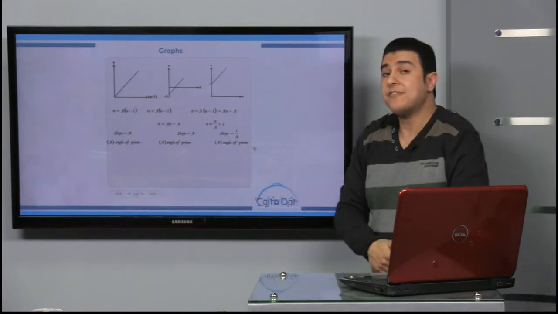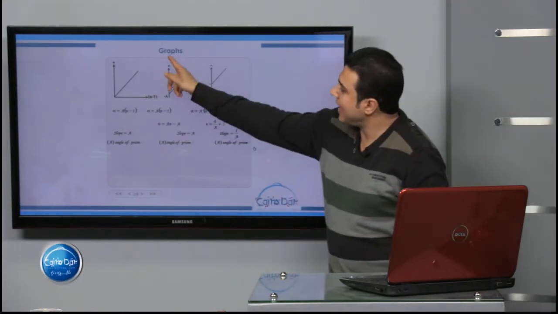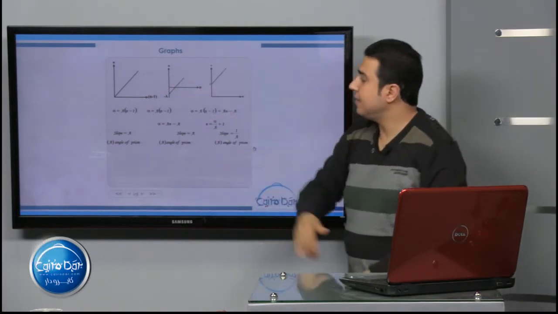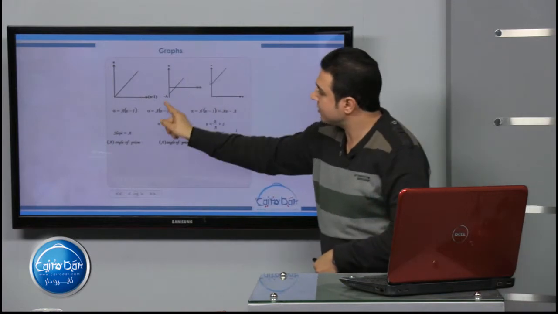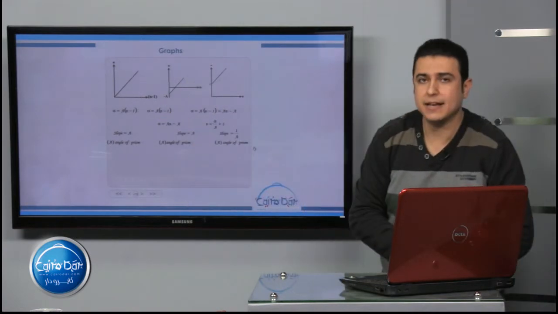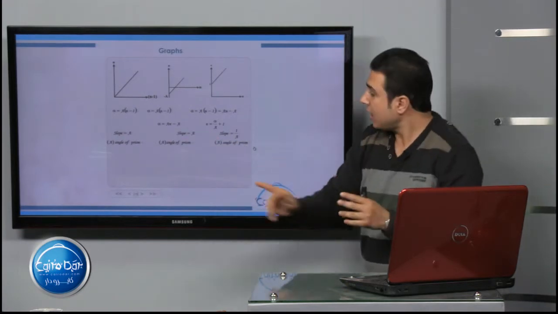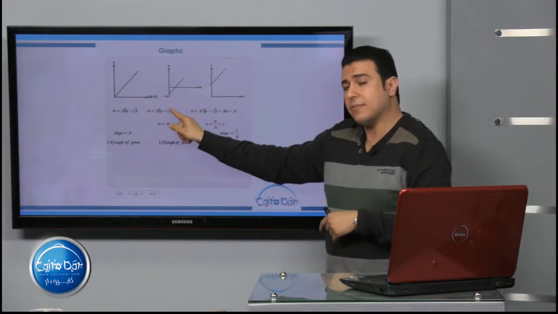What about the fifth graph? On the y-axis I have alpha, on the x-axis n, and the line intersects at negative A. As you know, alpha equals A times (n minus 1).